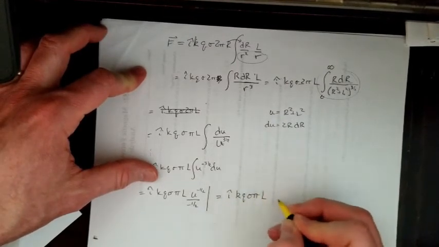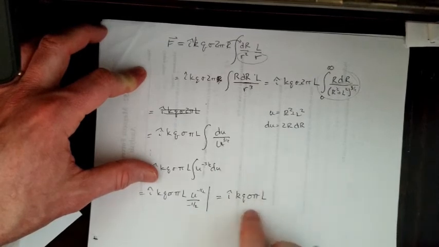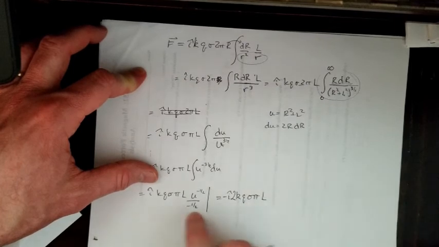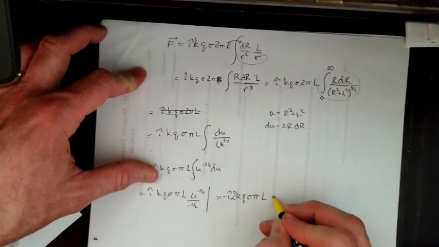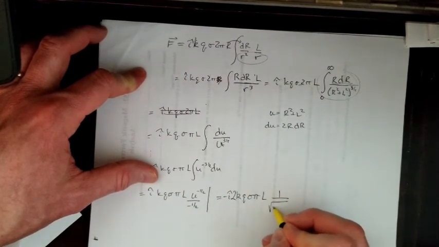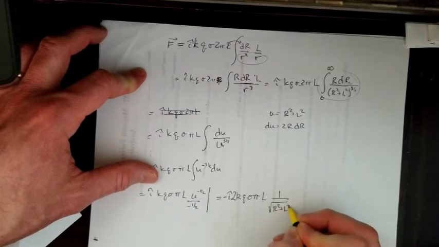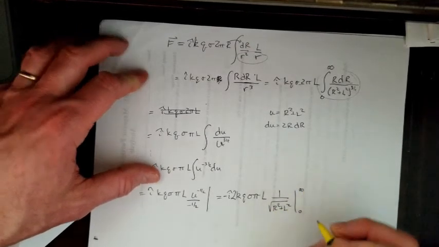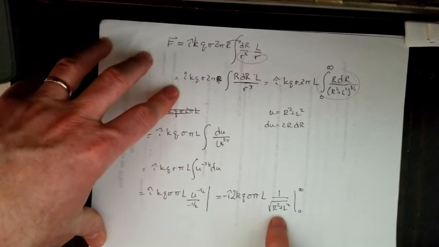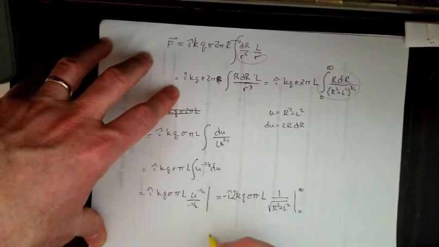So I get a negative 2 from dividing by negative 1/2, and then 1 over the square root of R squared plus L squared from 0 to infinity. If I plug infinity in here, I get 1 over some infinitely large number, so that basically gets to be 0.